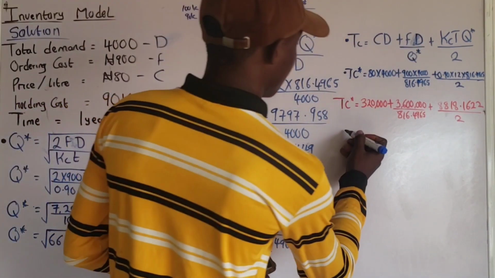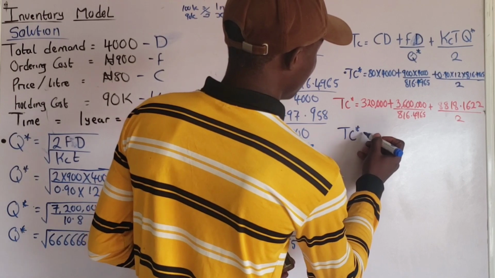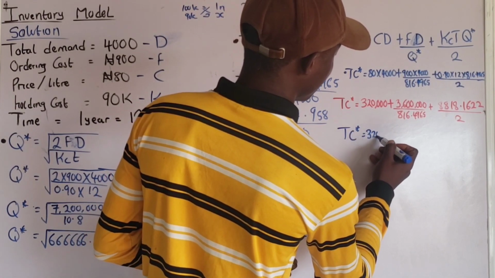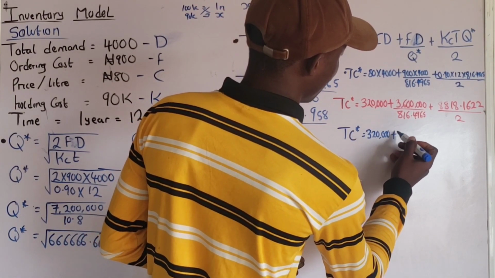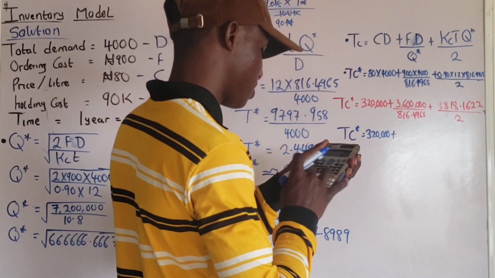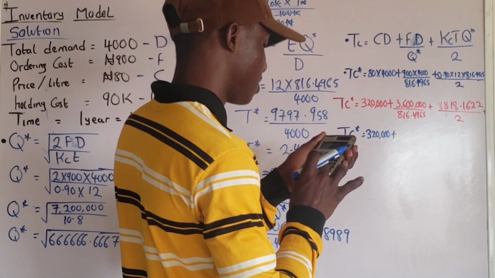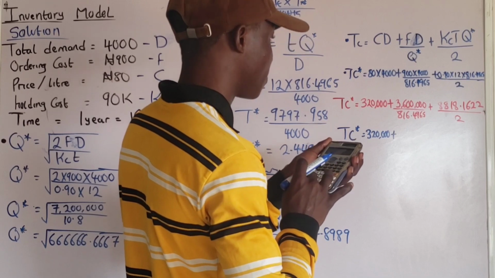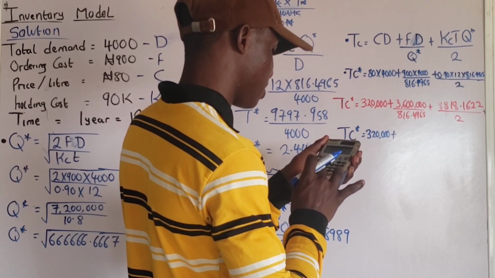Here we are going to have TC equals 72,000 plus, now let's divide 3,600,000 by 816.4965.